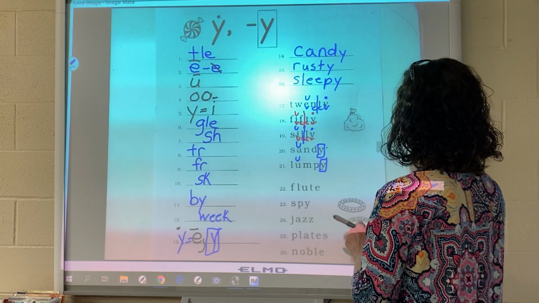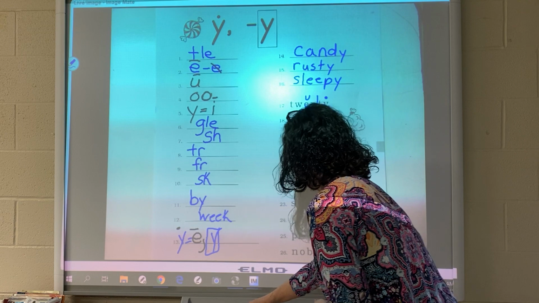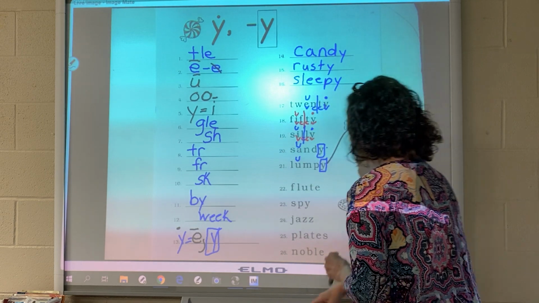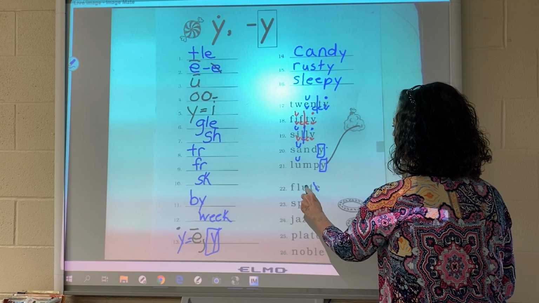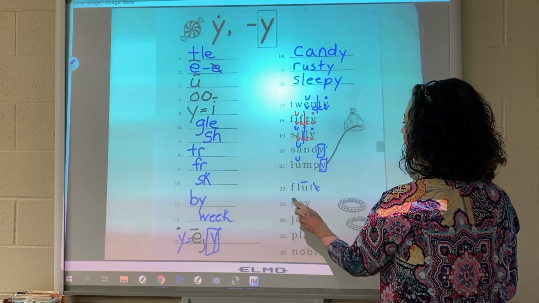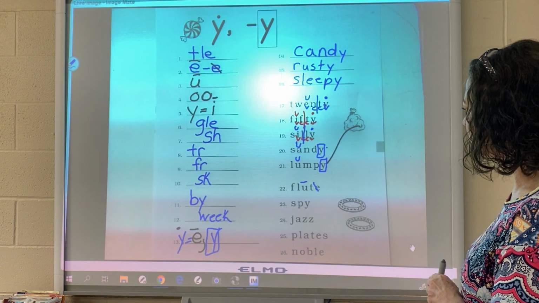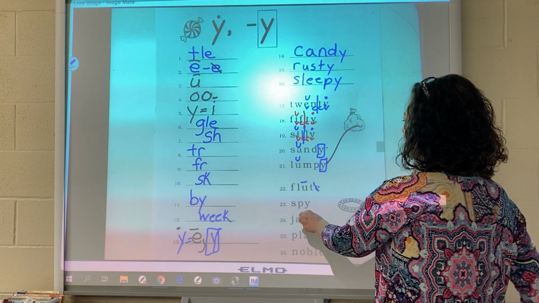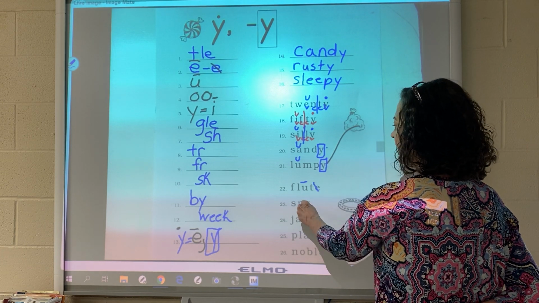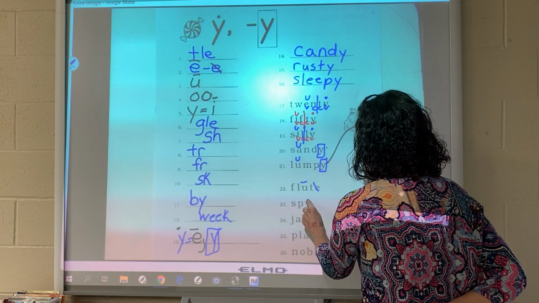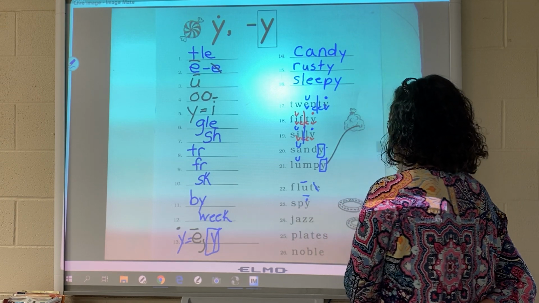This word is lumpy, first of all. This is a picture of a lumpy bag. This is a sneaky E, long U, flute. That is a musical instrument. This word, I see the ending Y and no vowel, so I know that this has to be a long I, spy.